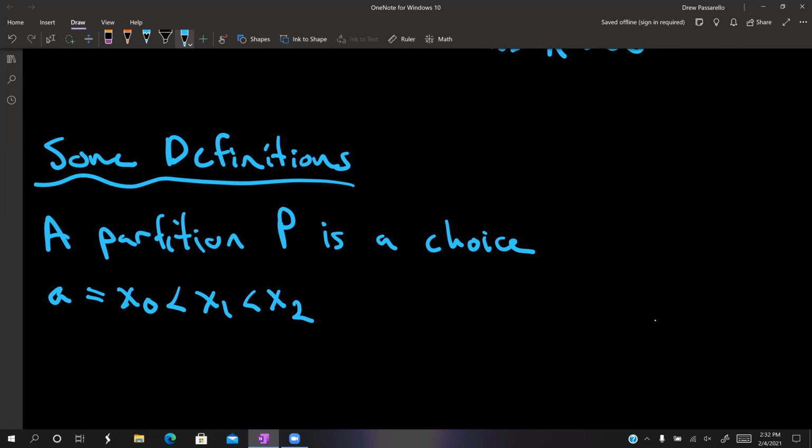And by the way, we're dealing with real numbers, so we're dealing with partitions of intervals. Dot, dot, dot, less than xn, where xn is b. So you slice the interval up into subintervals, where your overall interval is [a, b].